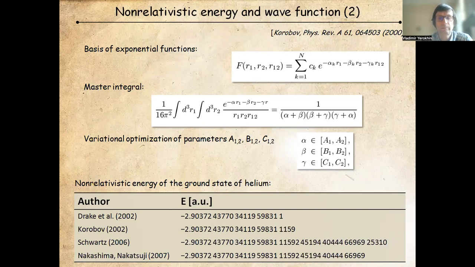Of course, for practical purposes, it's kind of overkill, but we usually try to keep the non-relativistic energy accurate to about 20 digits, which gives us about 10 digits of accuracy for matrix elements.